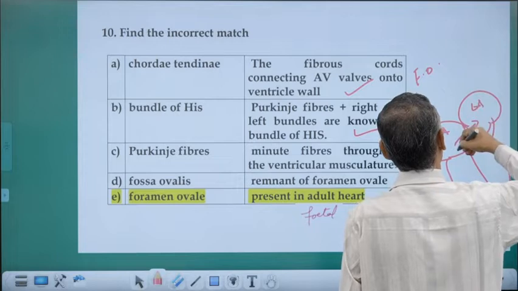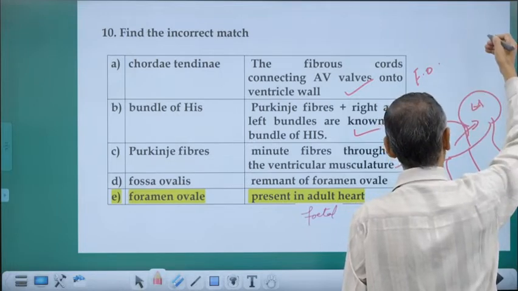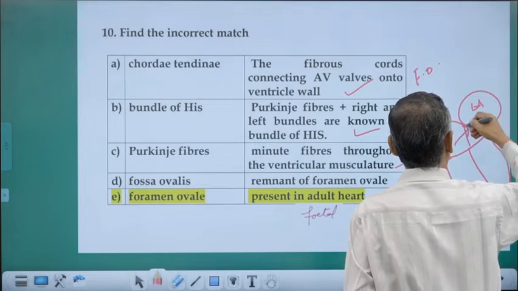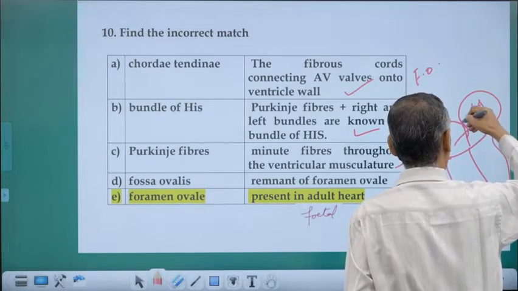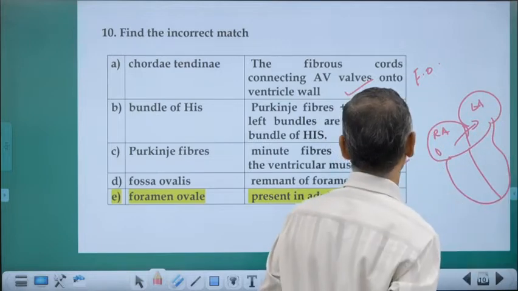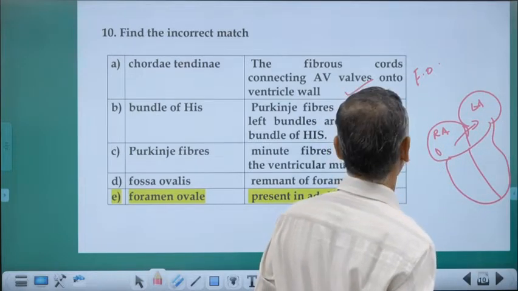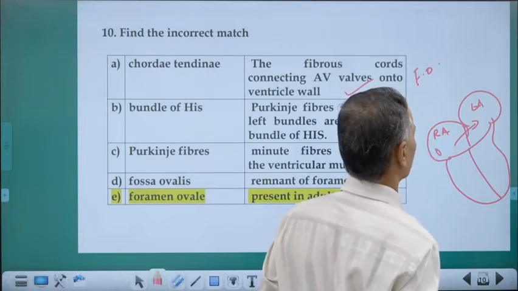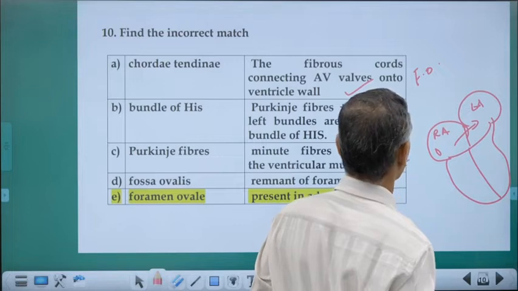So the blood need not be sent to the lungs for oxygenation. From the right atrium, through a bypass opening in the interatrial septum, it reaches the left atrium. That opening is called foramen, meaning opening. It is present in the fetus.